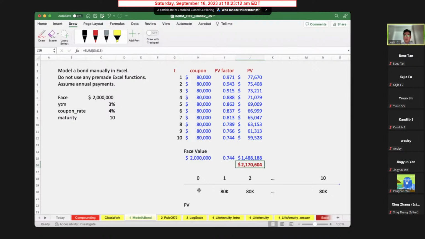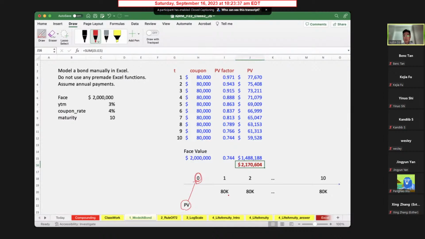The bond concept will be discussed much more in the finance class, but I want to say one thing. When you think about bond pricing, draw a timeline. Think about it this way: we want to get the present value at time 0. That's what we did here, the present value of everything at time 0. This is important.